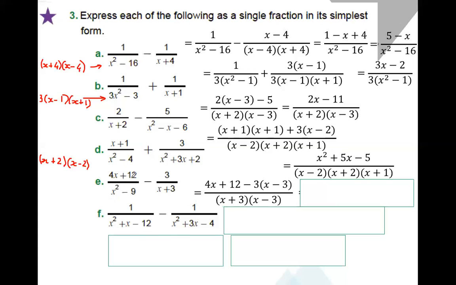And then we will end up with 4x plus 12 minus 3x minus 3. At the bottom, x plus 3 times x minus 3. 4x minus 3x, that's going to be x. 12 plus 9, that's going to be 21.